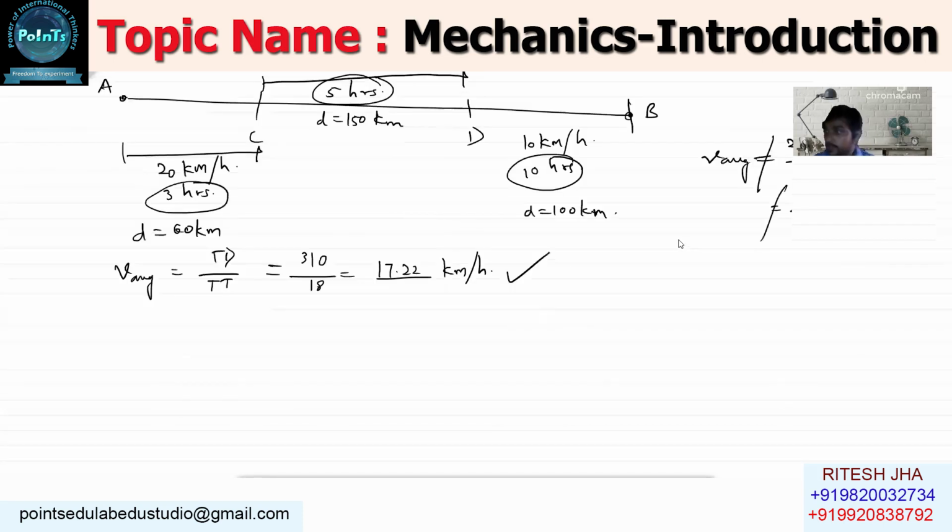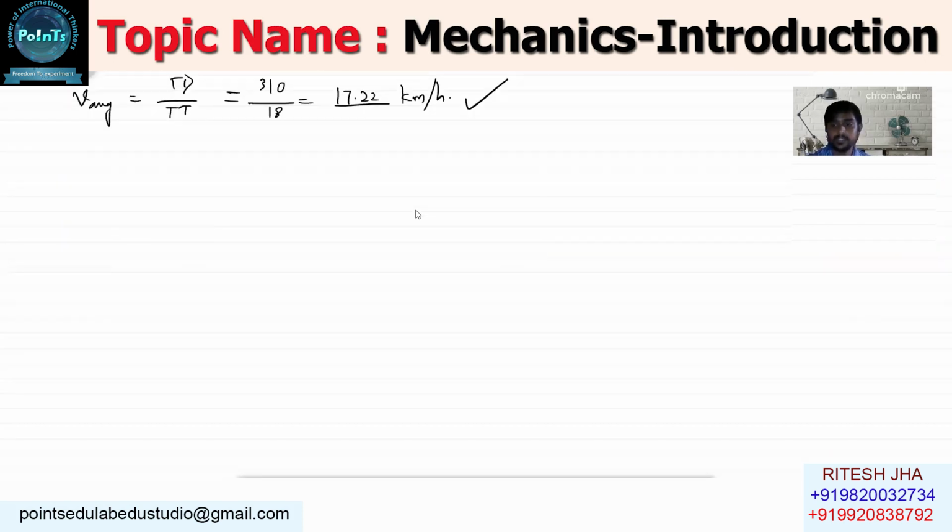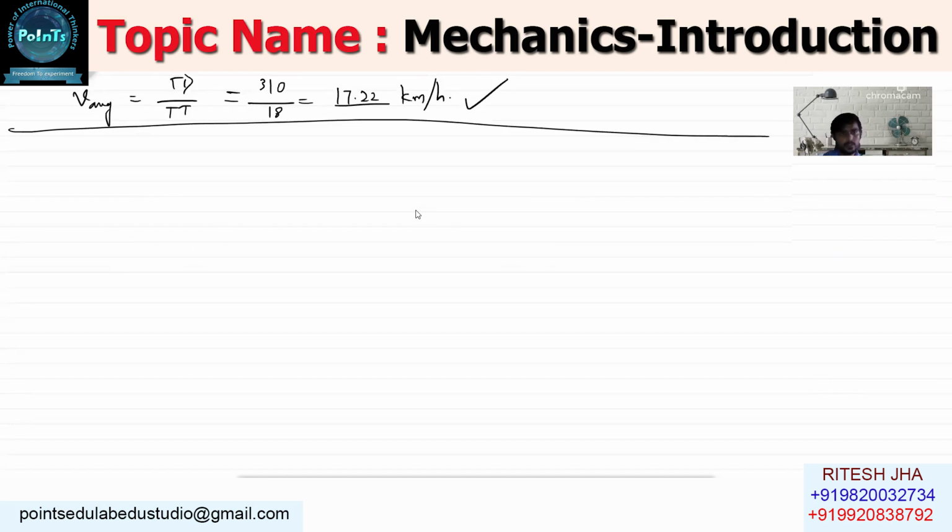Okay, all right. So here I'm giving a question. Try doing that question on the average speed. Suppose you are starting from point A and you go to point B. This is a straight line motion.